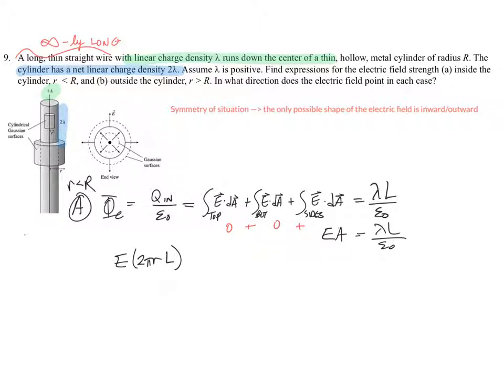Remember, if I take a cylinder and I slice it, it works out into a rectangle. This would be the 2 pi r, and that would be the length of it. So that's where that's coming from. And this is equal to lambda L per epsilon naught. So all of that boils down to an electric field with all the constants being lambda per 2 pi epsilon naught, and then we would have 1 over r.